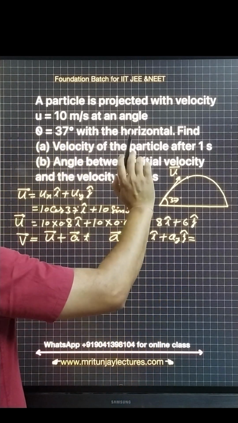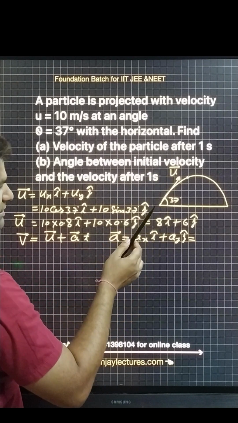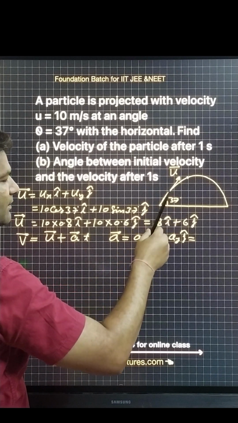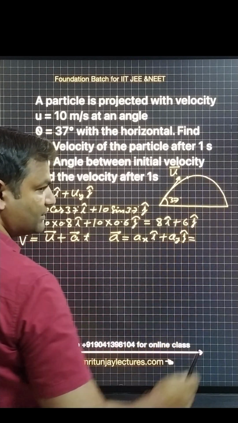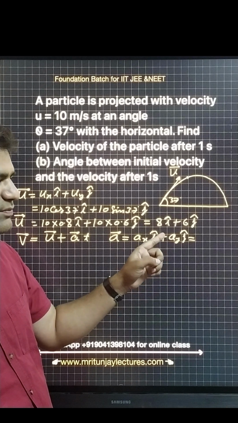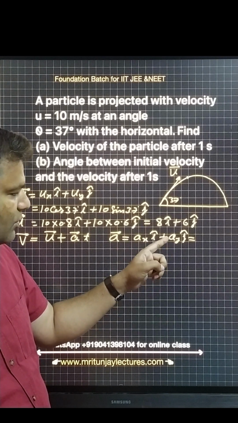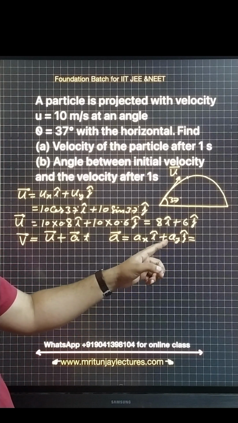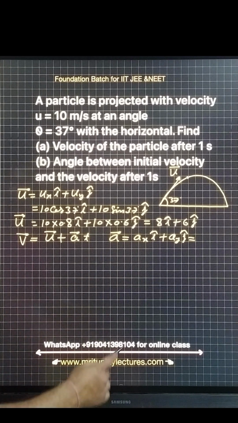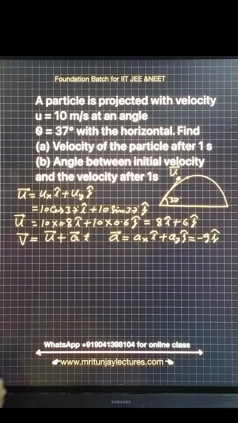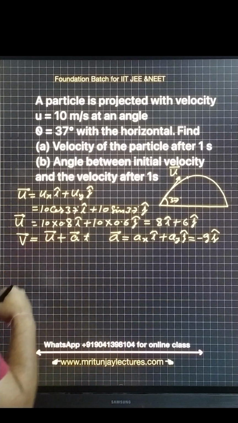And the particle is projected upward at angle theta with the horizontal, so it is going in an upward direction, on a path like that one. In the y direction there is deceleration, that is minus g, because gravity works in the opposite direction of the motion, so that is minus g into j cap. Here g is 9.8, or for simplicity you can take 10.